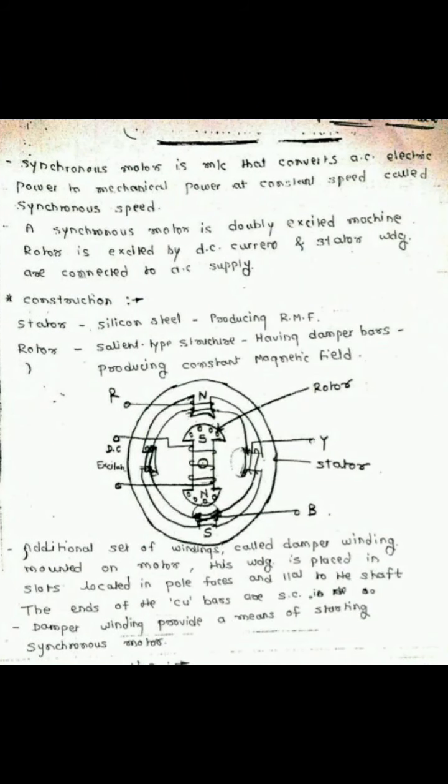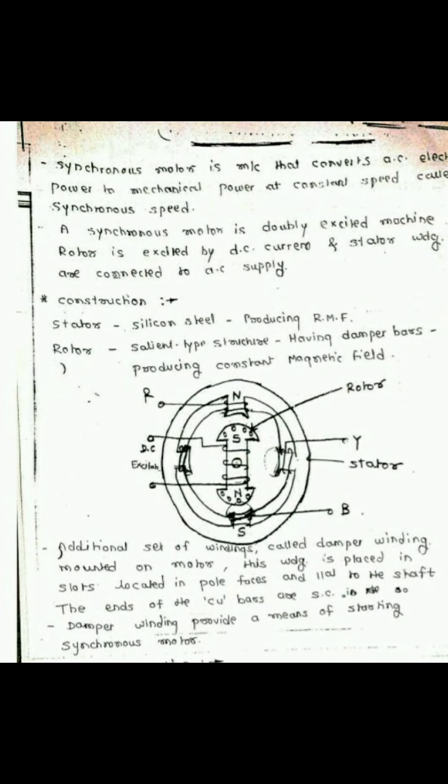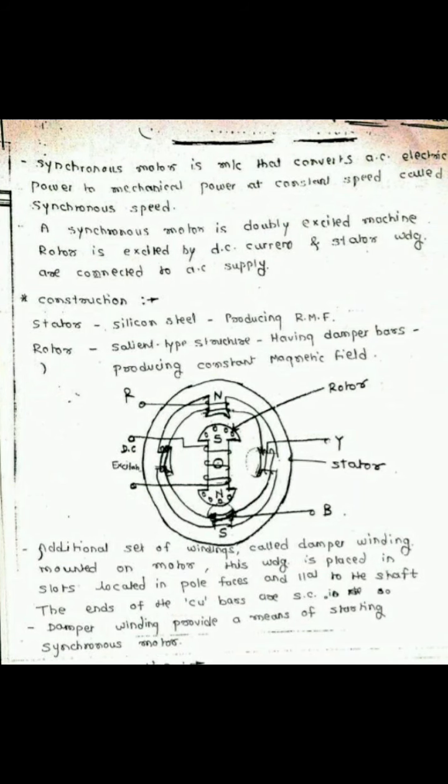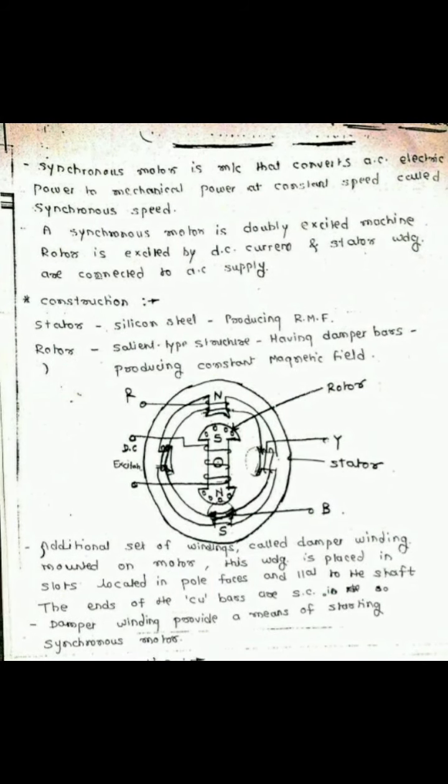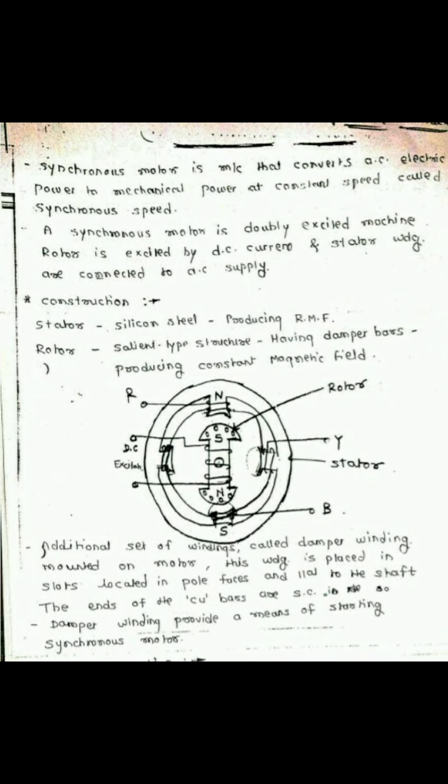Basically a synchronous motor is not a self-starting machine. Why the synchronous motor is not self-starting, we'll discuss later on. An additional set of windings called damper windings is mounted on the motor. This winding is placed in the slots located in the pole faces, parallel to the shaft.